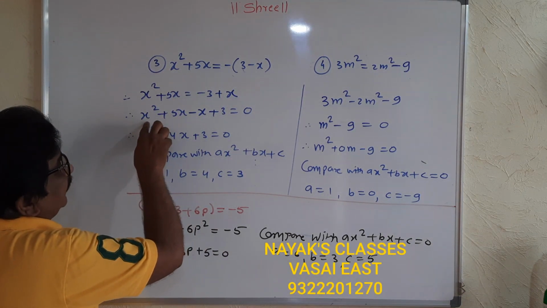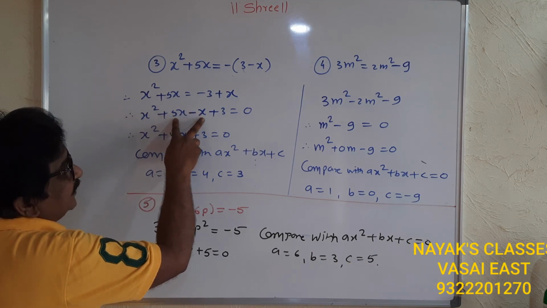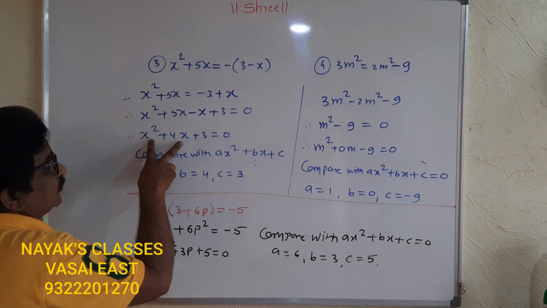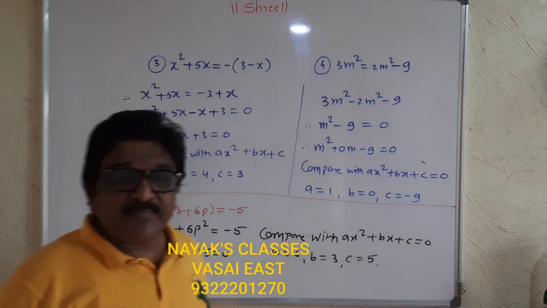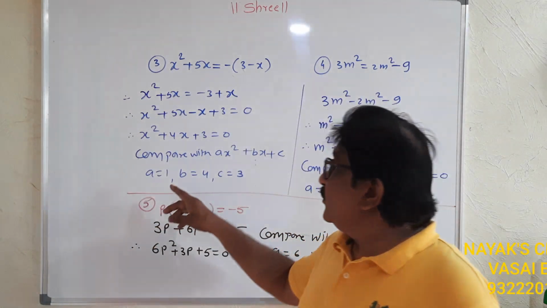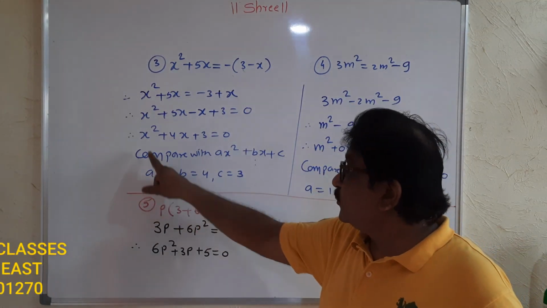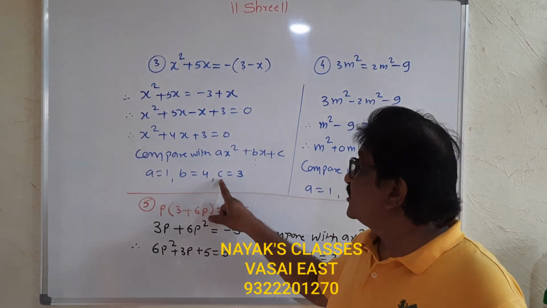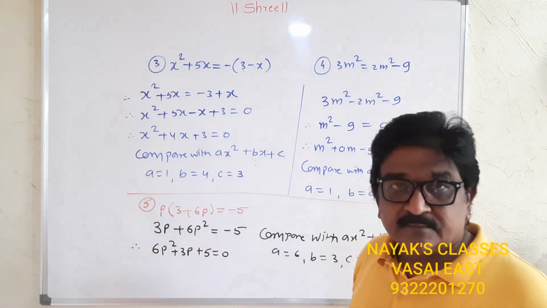So x square, 5x minus x is 4x, and plus 3. This is the standard form ax square plus bx plus c. When we compare with the standard form, you will get a is 1, b is 4 and c is 3.